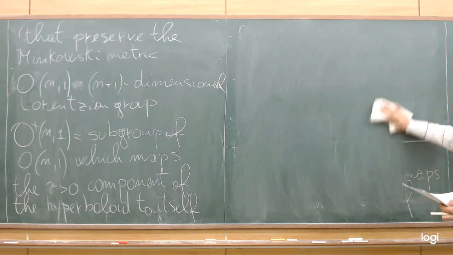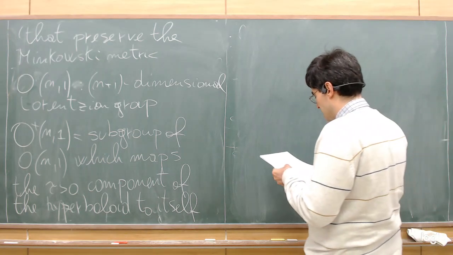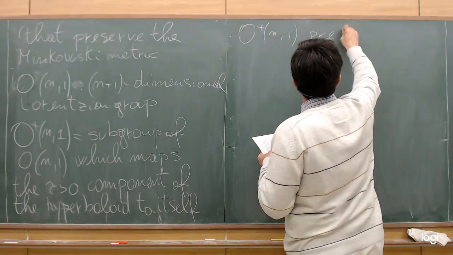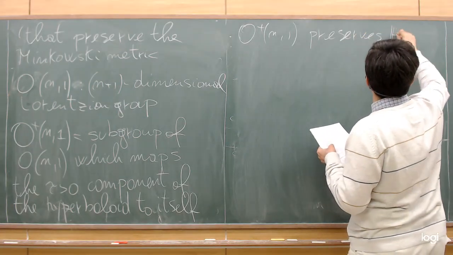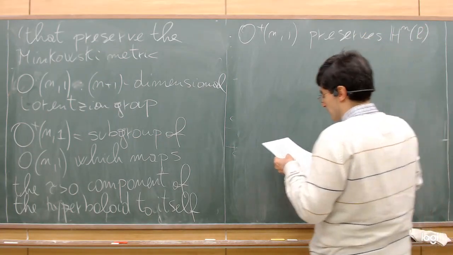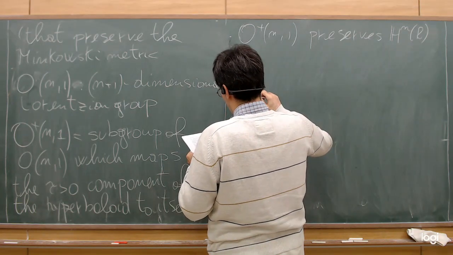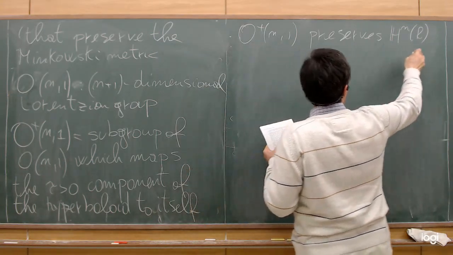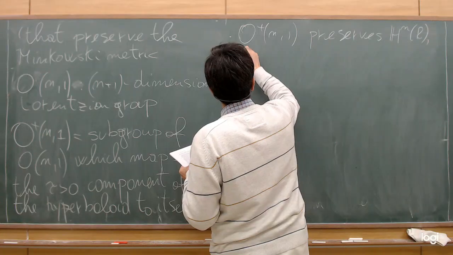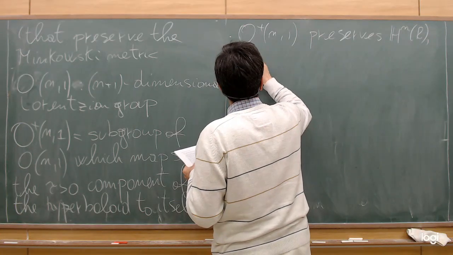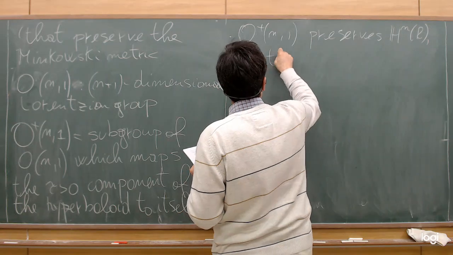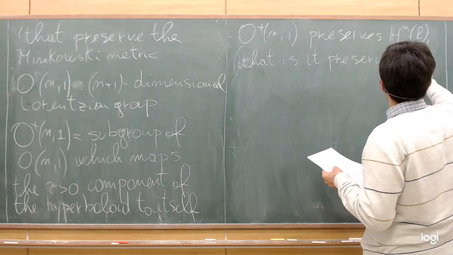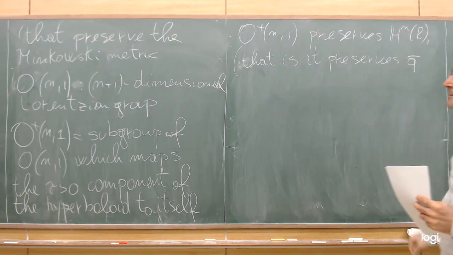It is possible to prove that O plus n comma 1 preserves HnR, this means that it preserves Q bar. This is the Minkowski metric.